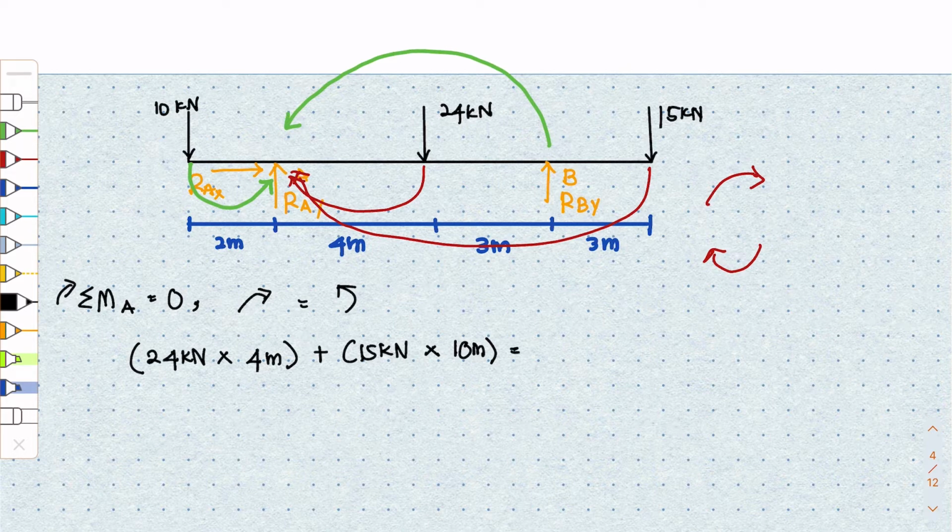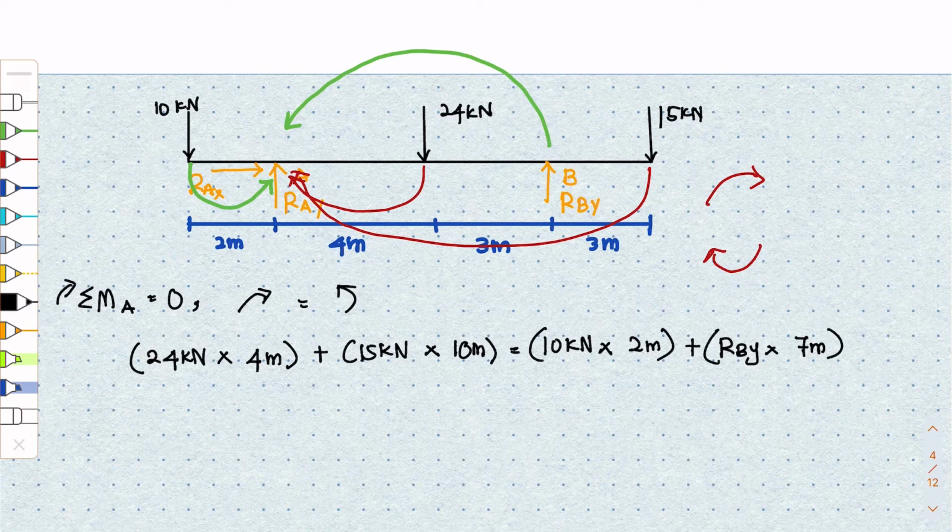Dan yang arah lawan jam, we have yang warna hijau. Okay, so 10 kN darab 2 meter plus another one, RBY darab dengan the distance to A, which is 7 meter. That is the moment equation.